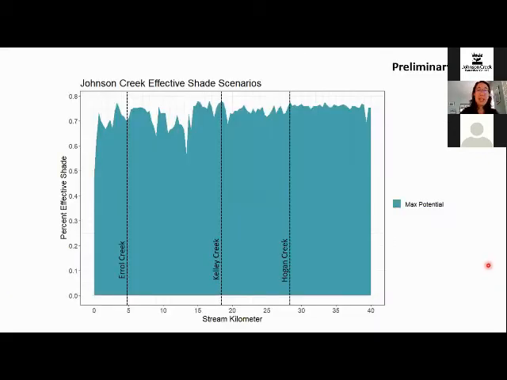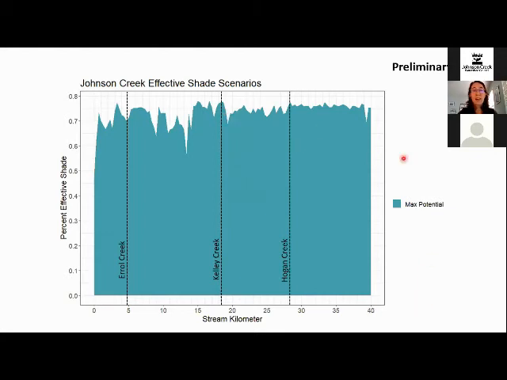In terms of looking at these different shade scenarios, we've got the effective shade over here on the left, going from 0, which is complete solar exposure, bright sunlight, up to 1, or 100%, which would be complete darkness, absolutely no sun reaching the surface of the stream. And then the stream runs from the left here at the mouth, moving upstream as you go to the right.